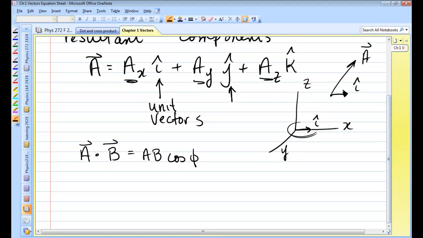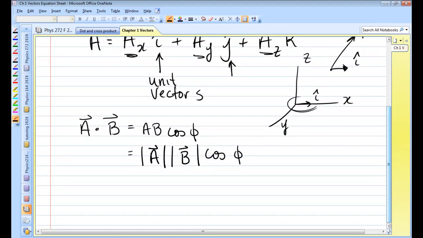And remember, you can just write the A without the vector sign, that means the magnitude of the vector, or you can be really fancy about it and actually write the full notation, which is the parallel lines around the vector telling you that that's magnitude.